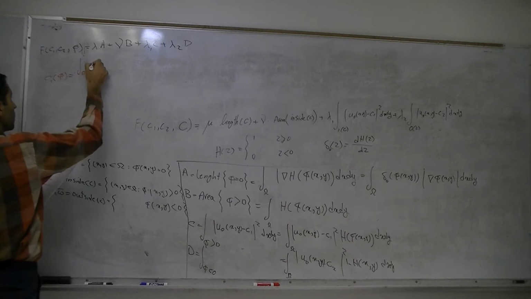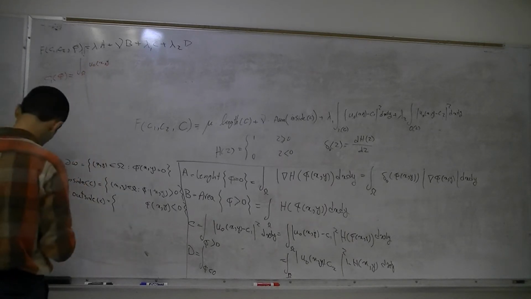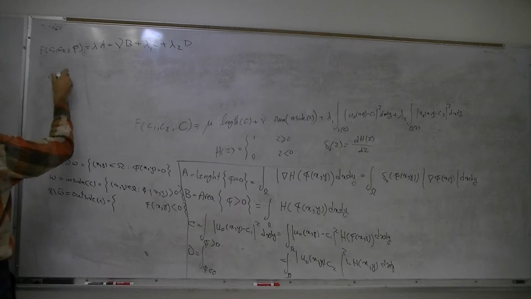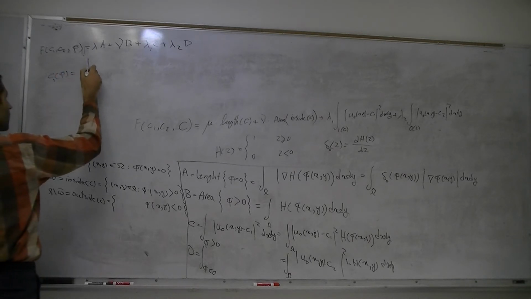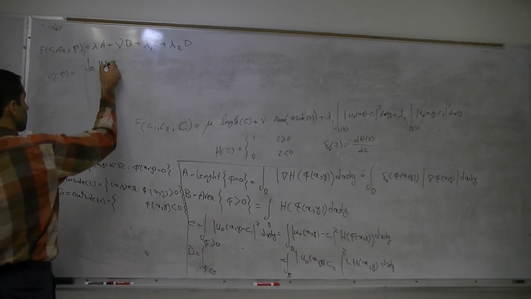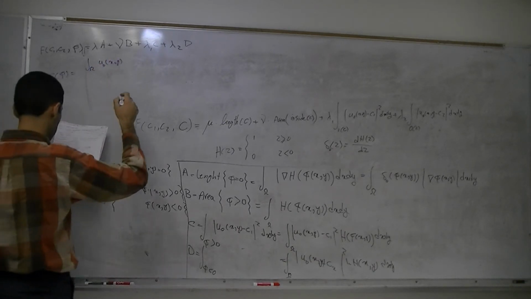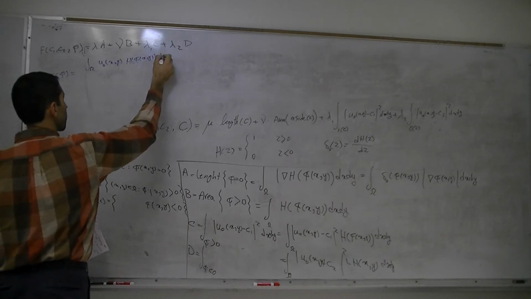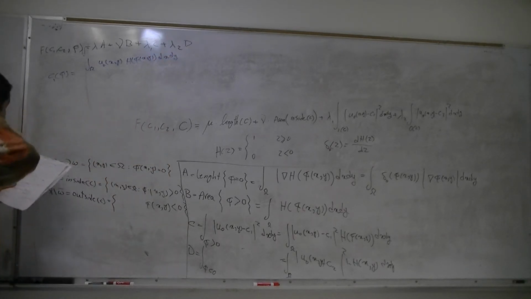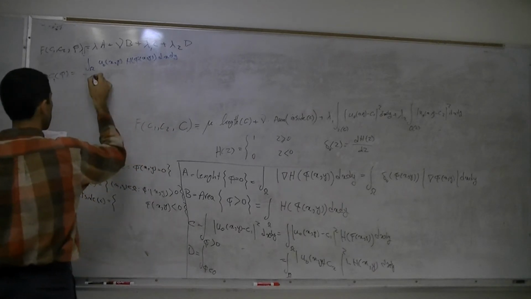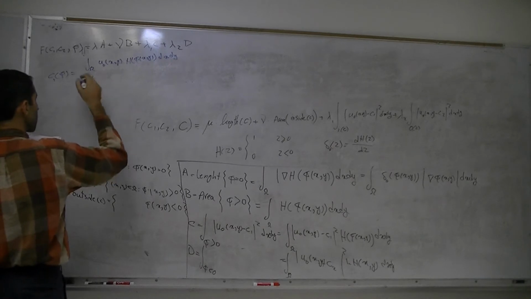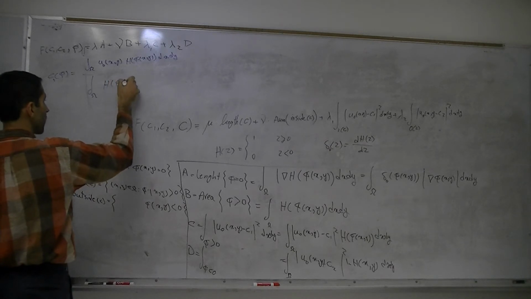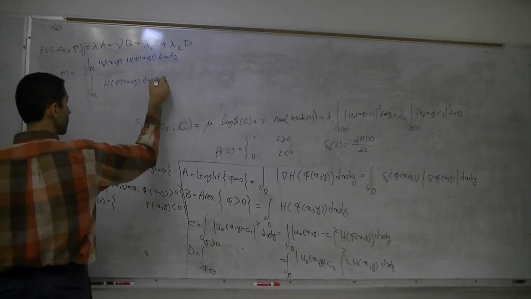the integral of u0 of x, y times h of phi x, y, dx dy, over the area where we do the summation, which is h of phi x, y, dx dy.